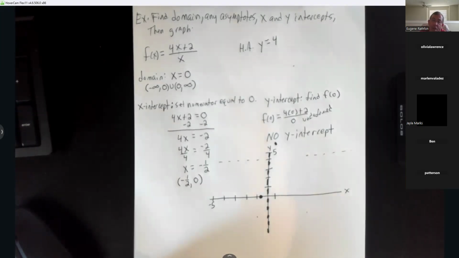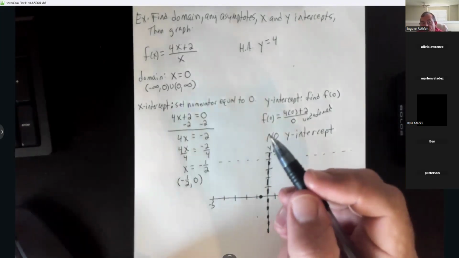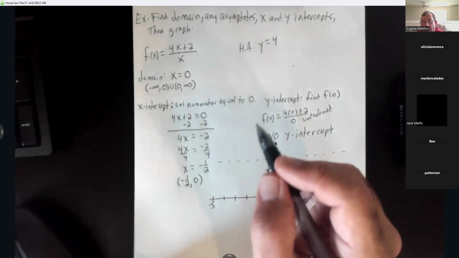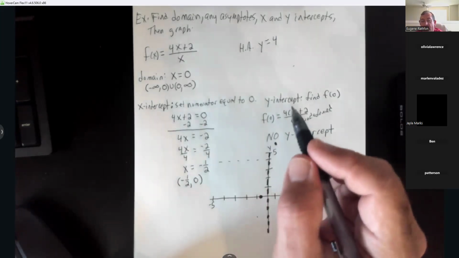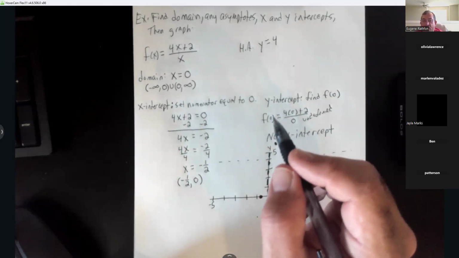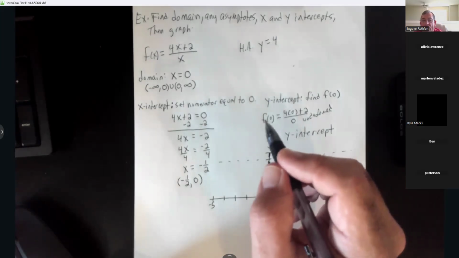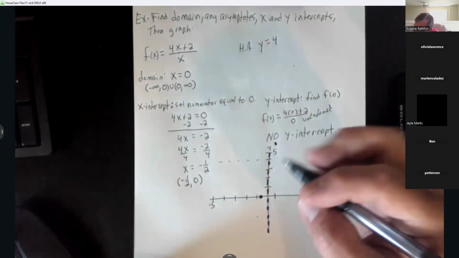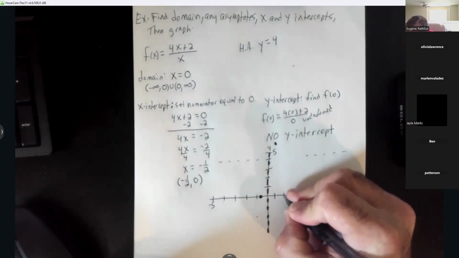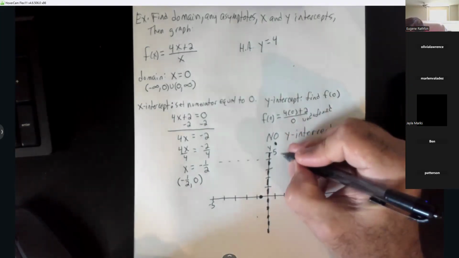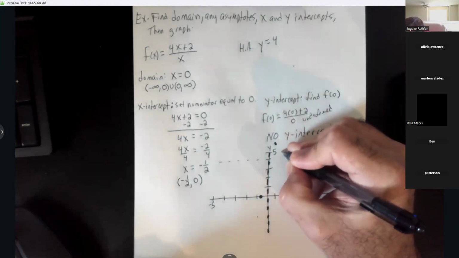All right, I might use another number. Try 2. 4 times 2 is 8, plus 2 is 10, divided by 2. 10 divided by 2 would be 5. So at 2, this is trying to get down here at 5.